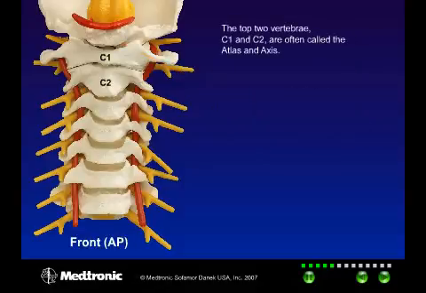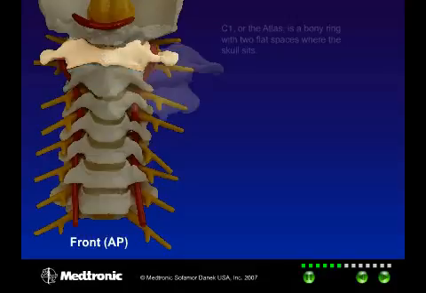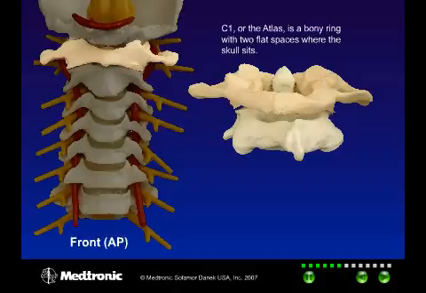The top 2 vertebrae, C1 and C2, are often called the atlas and axis. C1, or the atlas, is a bony ring, with 2 flat spaces where the skull sits.